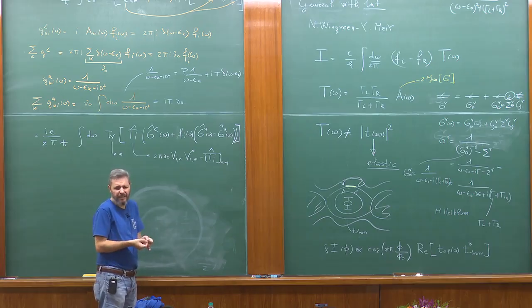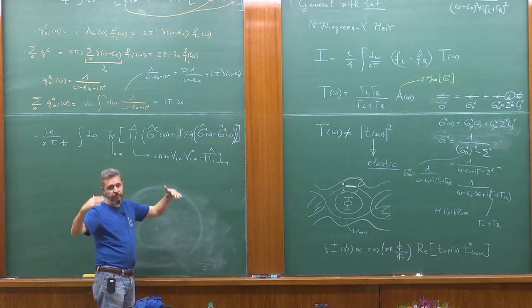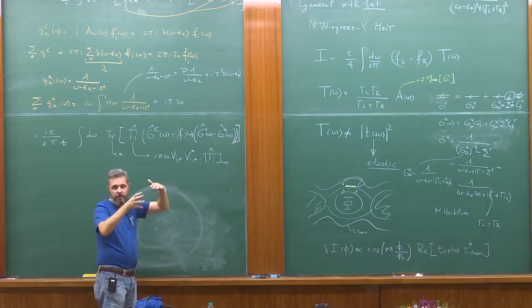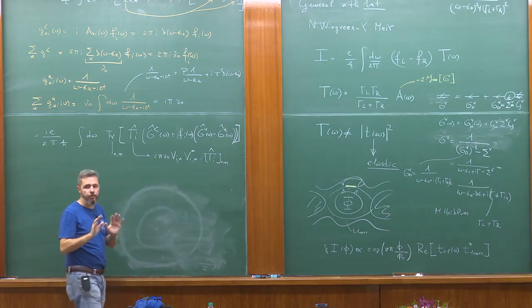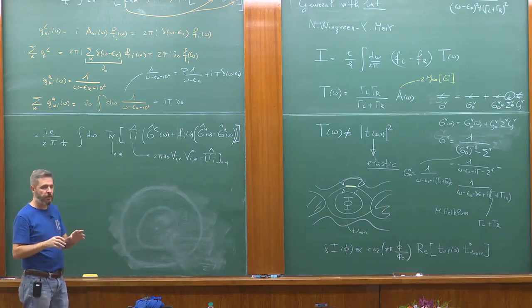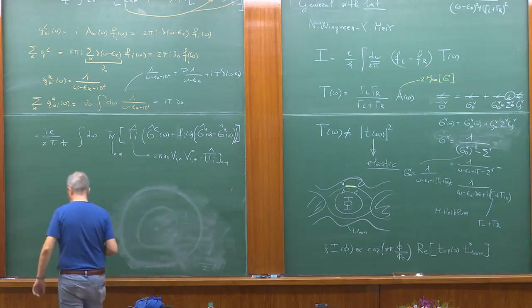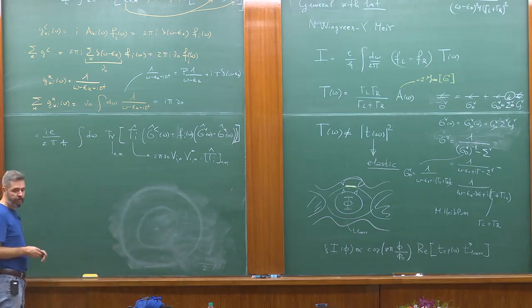But why do you need that in order to compute the current? In principle, you can compute it just by looking at what is the voltage bias. You don't need to know what is the occupation in here. Well, in general, you do. There are certain cases in which you can avoid dealing with this and therefore write a Landauer formula. So let me explain what those cases are.